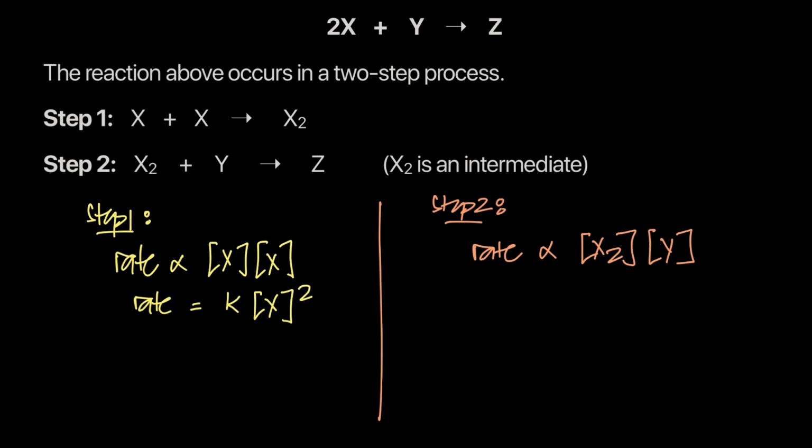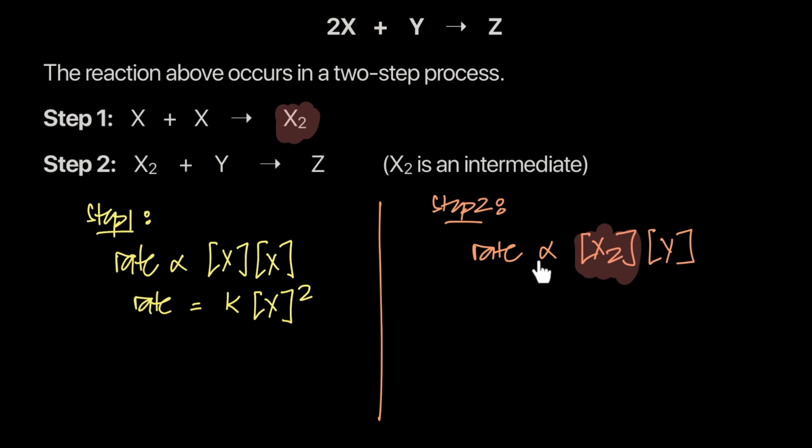Now, the only problem is that when you give rate equations for each step, you'd like to give them in terms of the original reactants, and x2 is an intermediate. So truly speaking, x2 should be given in terms of the original reactants. The funny thing is, x2 is made in the first step. So what molecules of the original reactants are responsible for making x2?